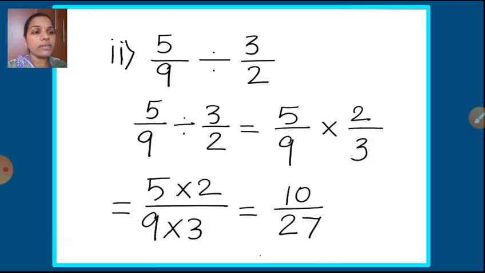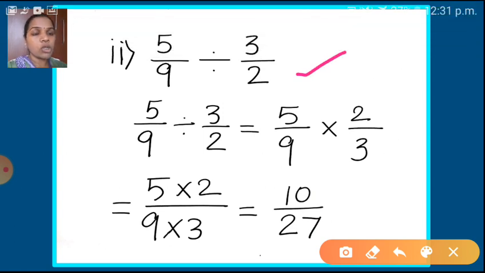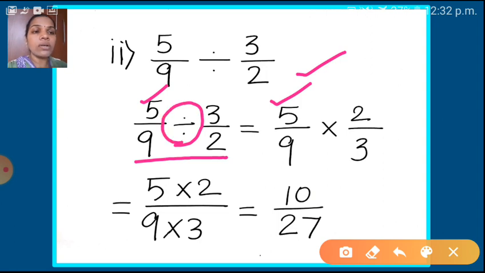This is your question: 5 upon 9 is divided by 3 upon 2. What do we have to do? Write the first number as it is, 5 upon 9. The division sign we convert into multiply, but then the second fraction must be written as its multiplicative inverse.